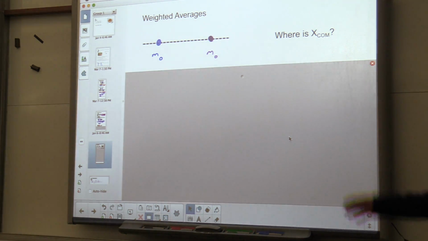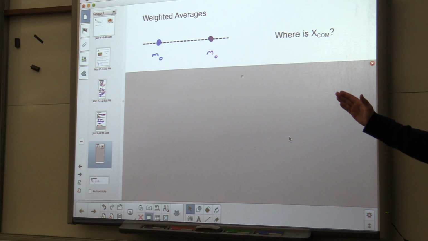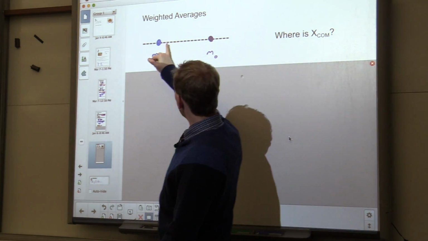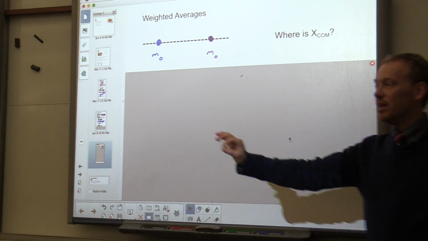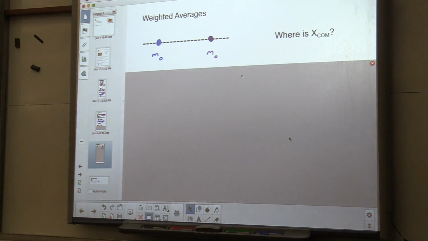All right, different setup. Where's the center of mass of this? Anyone I haven't heard from yet? If I have two equal masses, some separation, what is the location of the center of mass? I think I've heard from almost everyone.